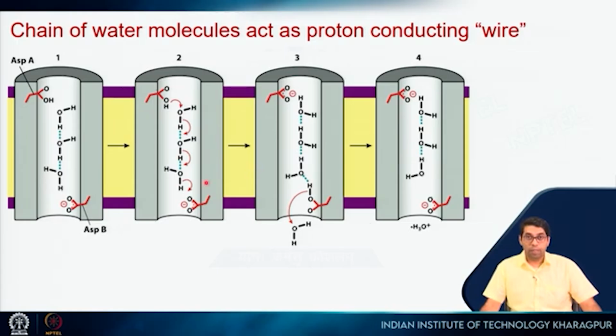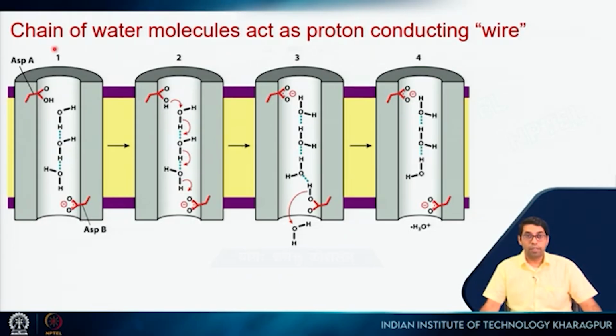Now, there is a problem here because a proton can follow this path and go in this direction, or it can follow this path and go in the other direction. So there is no directionality in this proton channel, and this directionality is provided by the pigment retinal.